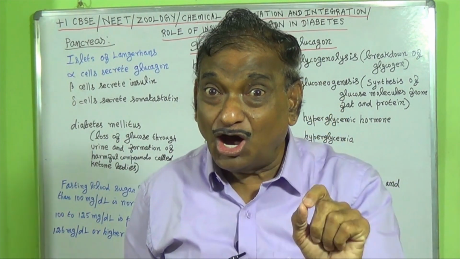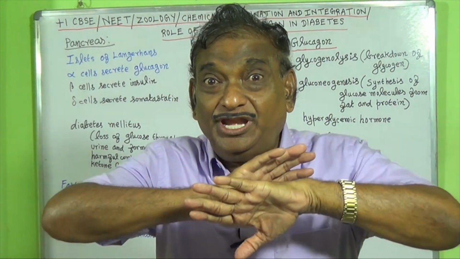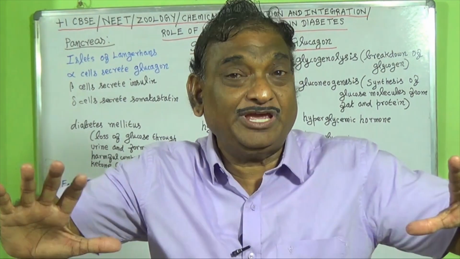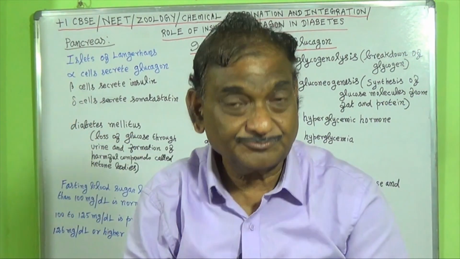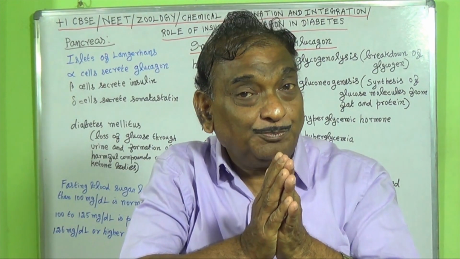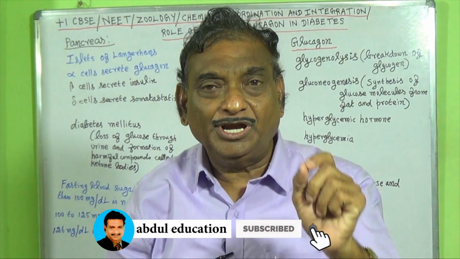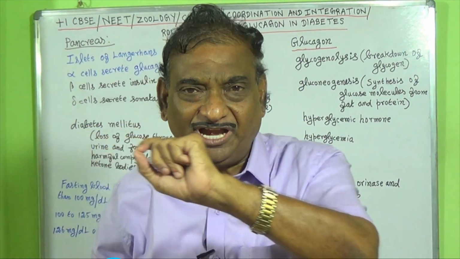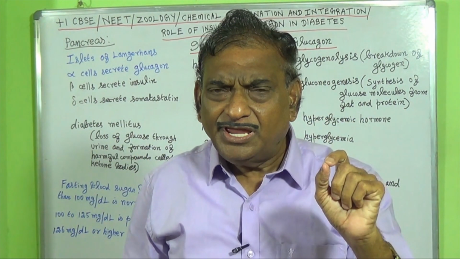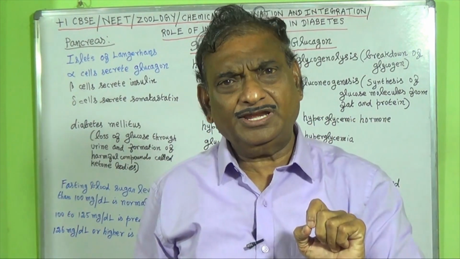In the case of type 1 diabetes, the insulin is not produced by the beta cells. Since the insulin is not produced by the beta cells, the type 1 diabetes cannot be prevented. Why does the beta cells not produce the insulin?